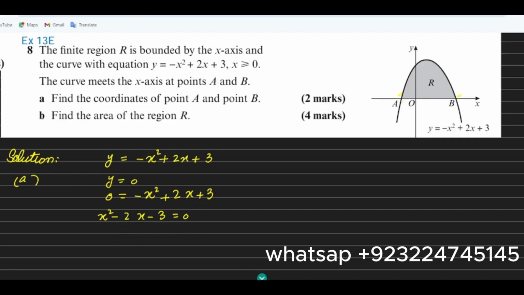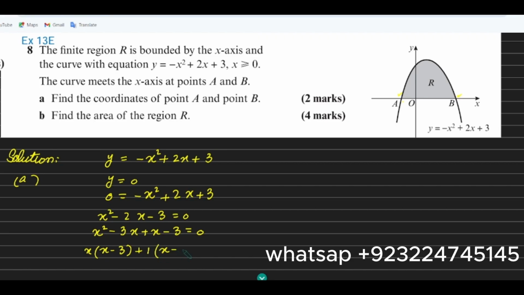Now if we factorize it, we get x squared, and the middle term is broken into the pair minus 3x plus x minus 3. When we take x common, we get x minus 3 plus, in the next two terms where nothing is common, we write 1.